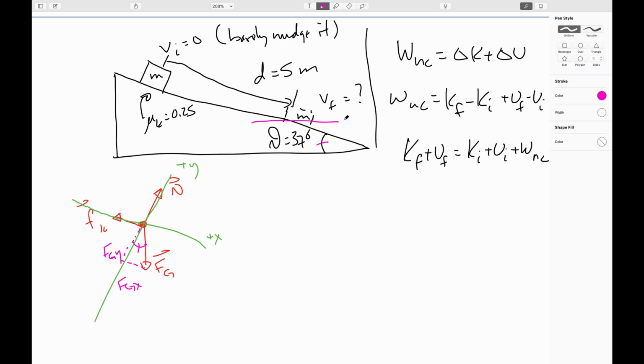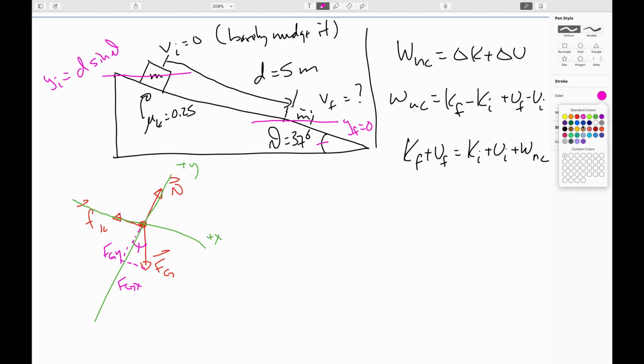So we'll set y final to be 0 at the bottom of the problem. So then this would make y initial here equal to our displacement d times the sine of theta, 37 degrees. All right, so now that we got that, we have our expression for y initial. We're good to go there. So gravity's taken care of because it's a conservative force, or at least taken care of for the moment.